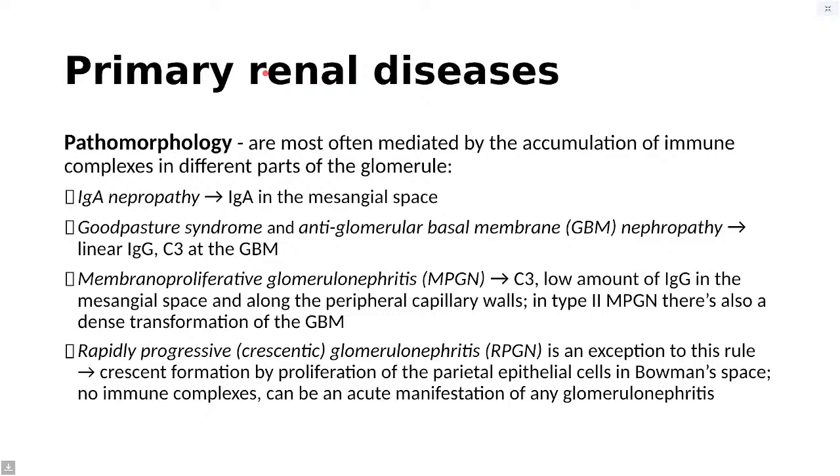For example, IgA nephropathy, with IgA in the mesangial space; Goodpasture syndrome, an anti-glomerular basement membrane nephropathy, where there are linear IgG and complement fraction deposits at the glomerular basement membrane.